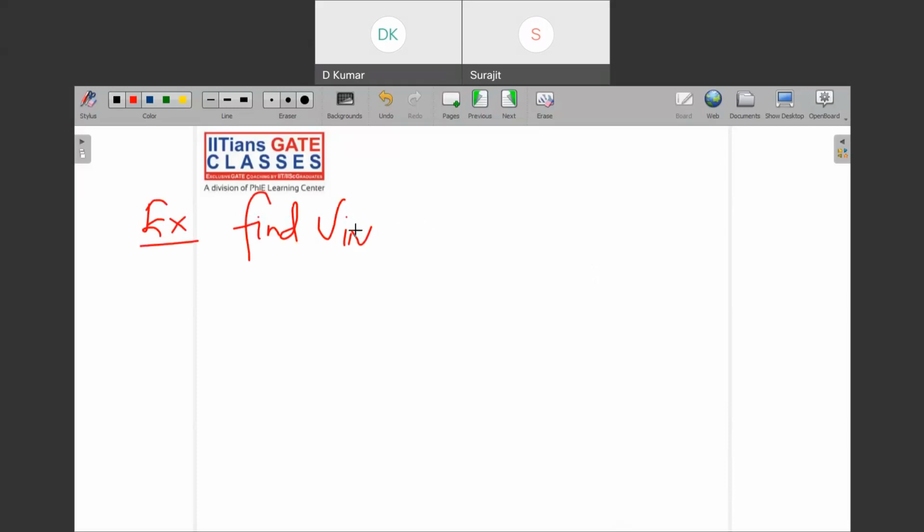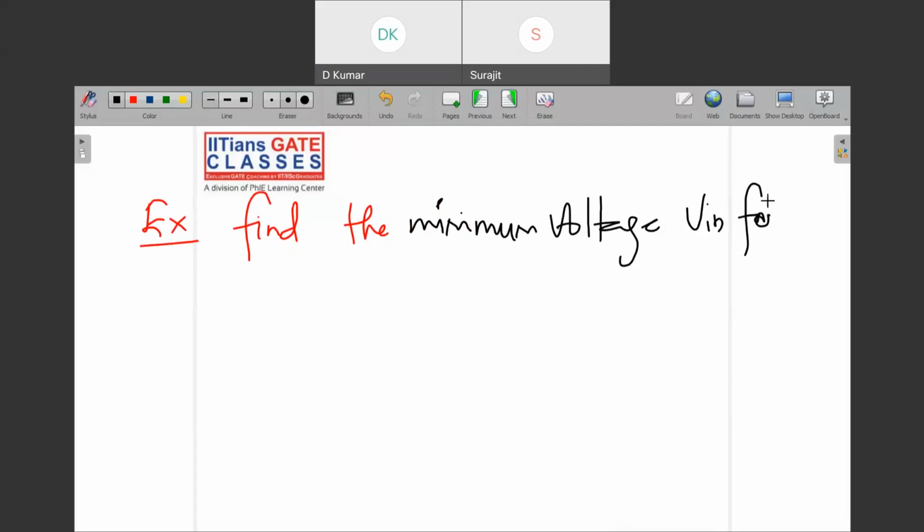Okay, find the minimum voltage V in for the diode to be in forward bias.